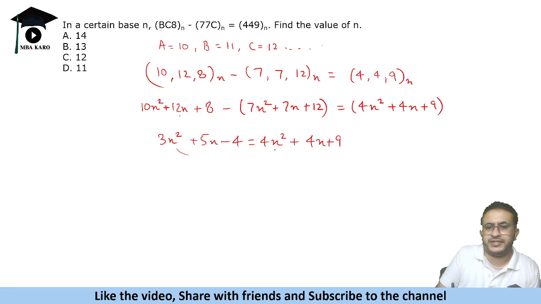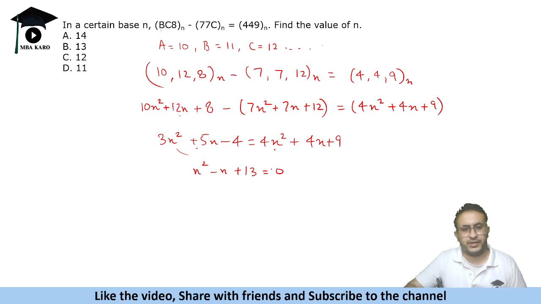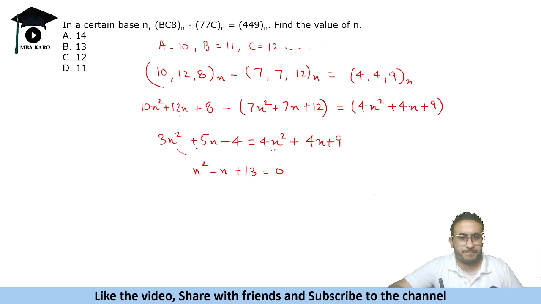Taking it to this side, it becomes n square minus n plus 13 equals 0. 4n square minus 3n square is n square, 5n minus 4n is n, and this is plus 13.